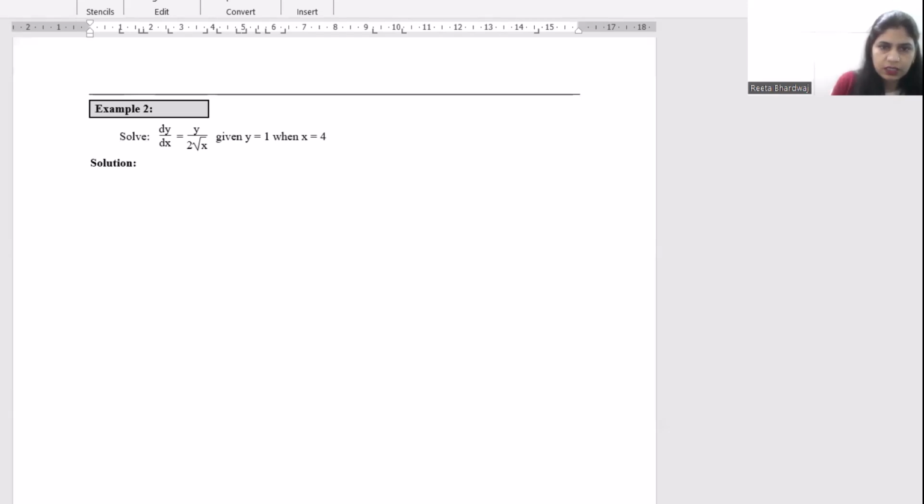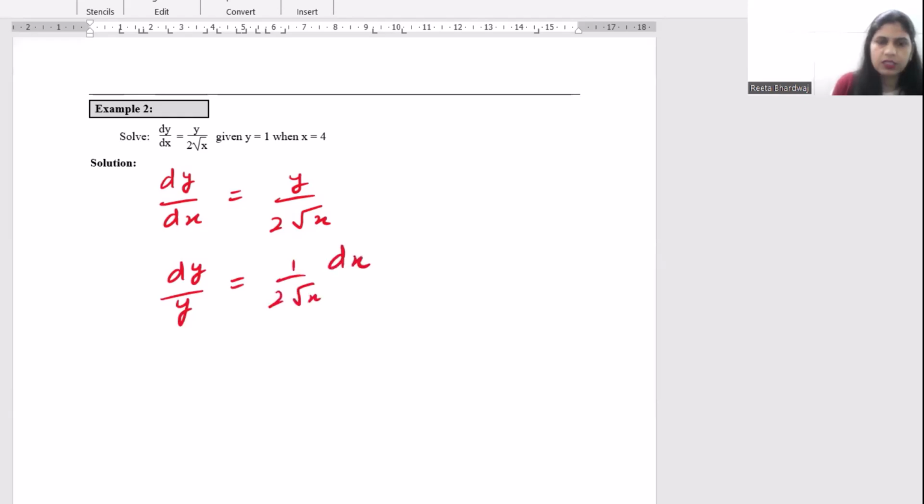Let's check whether in this equation we can separate the variables or not. Yes, it is possible to separate the variables. We can keep y on one side and the x variable on the other side. Now we can do the integration on both sides.